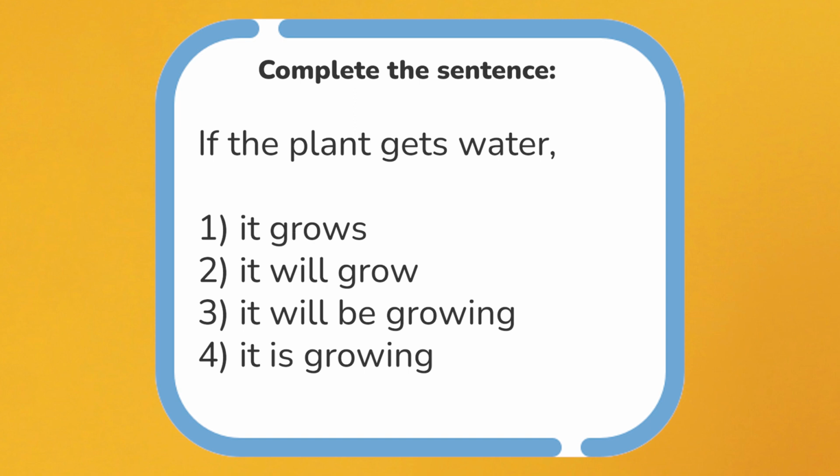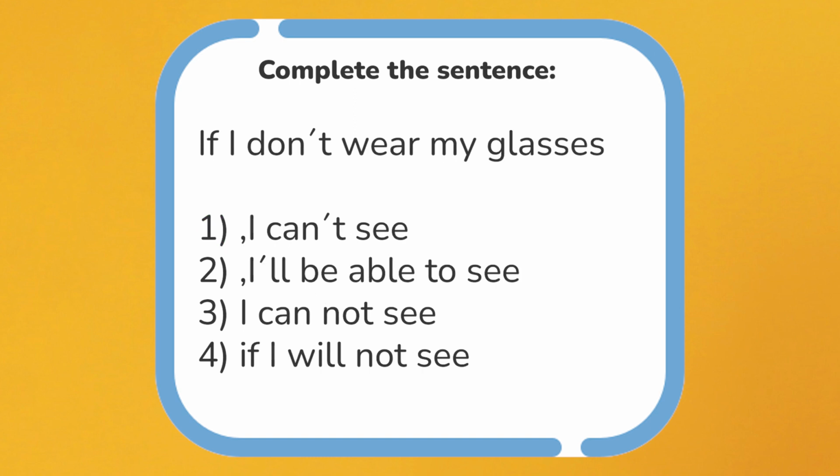If the plant gets water, it grows, it will be growing, it is growing. The answer is 1. It grows. If the plant gets water, it grows. Again, it's something that's generally true, a scientific fact, normally.